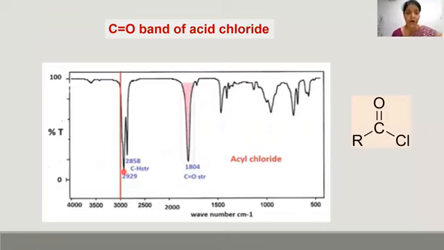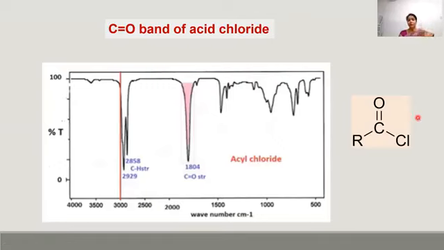When the carbonyl absorption is observed above 1800 centimeter inverse, we can say 100% it is acid chloride. Only in acid chloride is the carbonyl value higher than 1800, and these two are the CH stretching of the alkyl group.